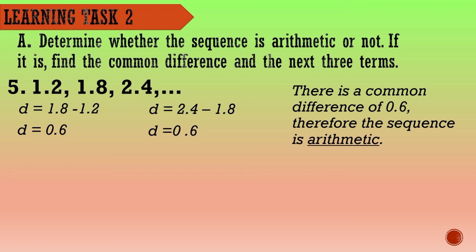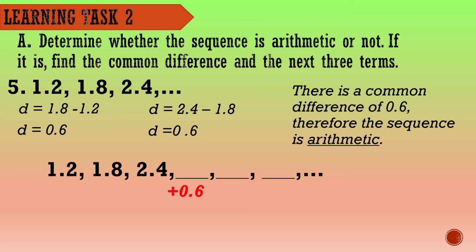Therefore, the sequence is arithmetic. So, we have to find the next 3 terms after 2.4. 2.4 plus 0.6 is 3.0. 3.0 plus 0.6 is 3.6. 3.6 plus 0.6 is 4.2. Okay?